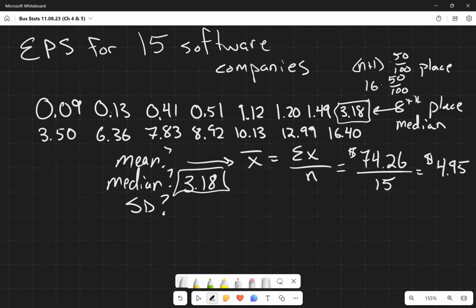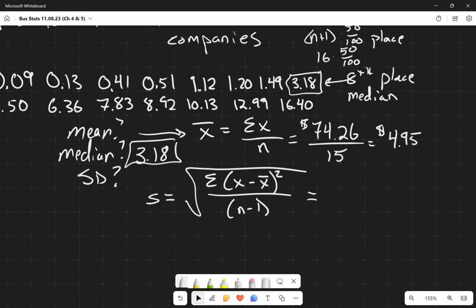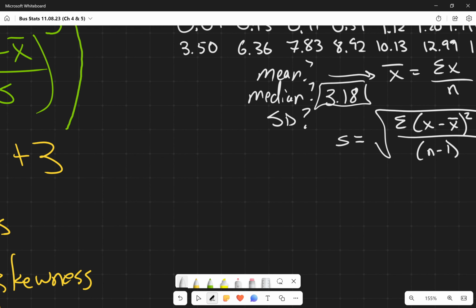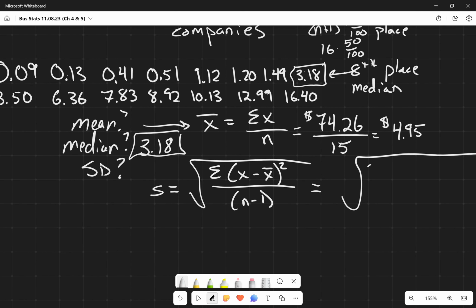Okay. We're going to calculate our standard deviation. Our formula is that we take the sum of the difference between each value and the average, square them, and divide the whole thing by n minus 1. We'll unpack it a little bit. Our first piece of data, 0.09, minus the average, 4.95, and we square that.